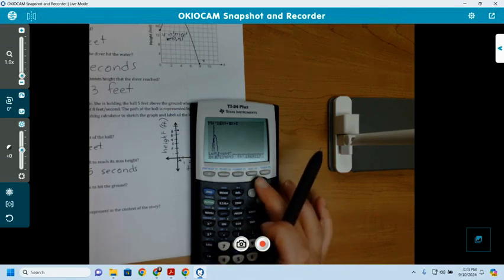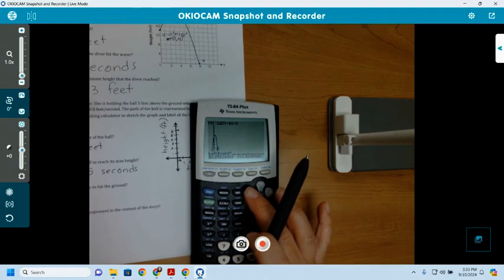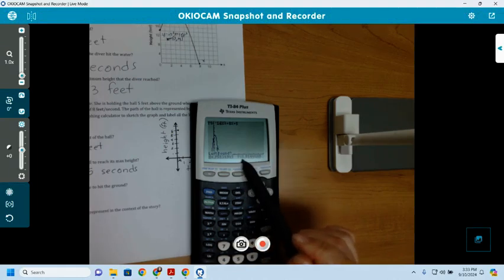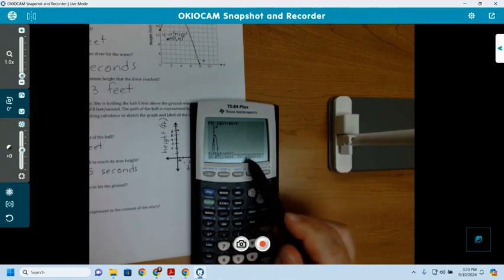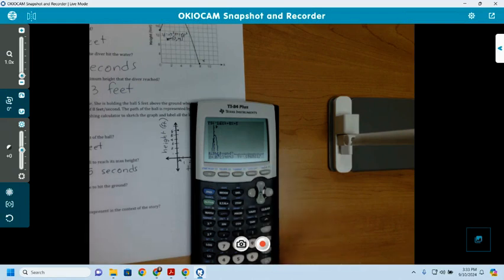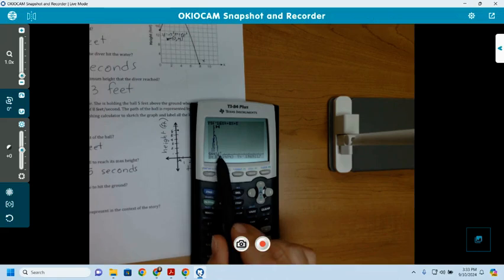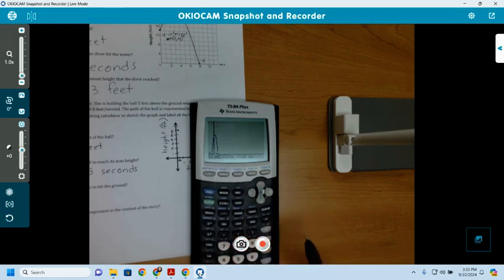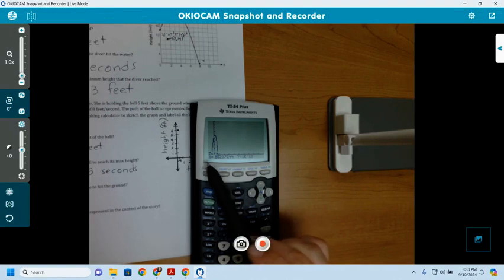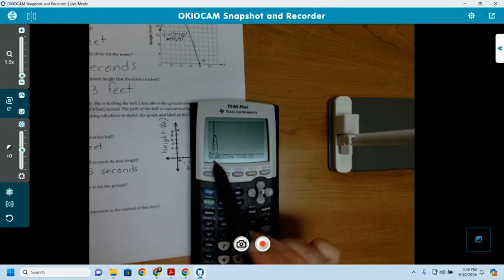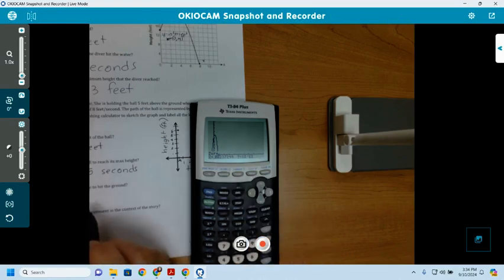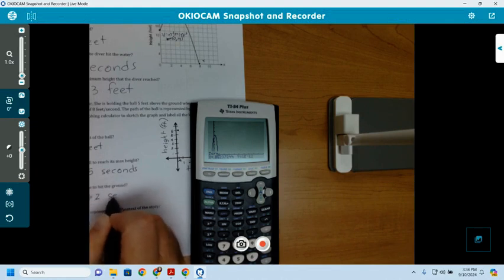Oh no, let's start a little bit above the x-axis where y equals 1. Enter, right bound. A little bit below the x-axis, y is negative. Enter. Now it's asking us to guess. Enter. And it's telling us that the x value, where y is almost equal to 0, is equal to 0.862. So how long does the ball take to hit the ground? 0.862 seconds.